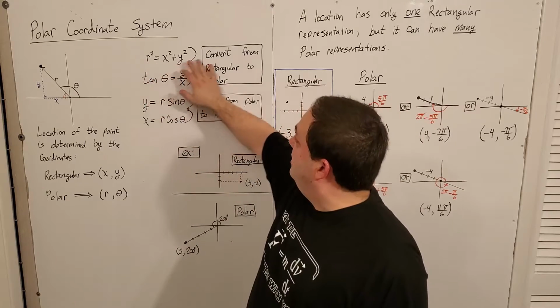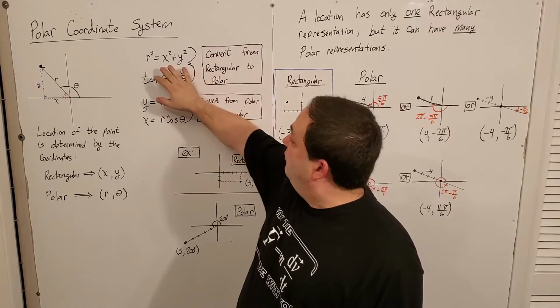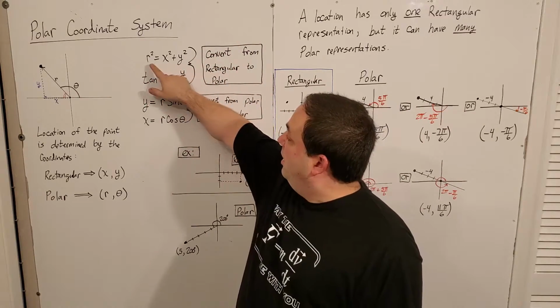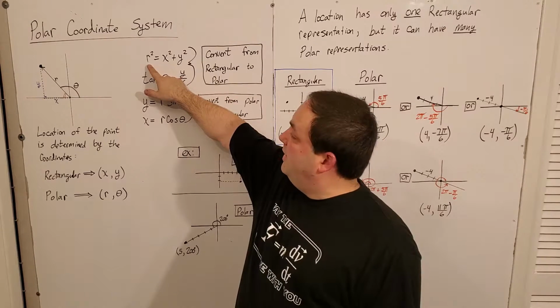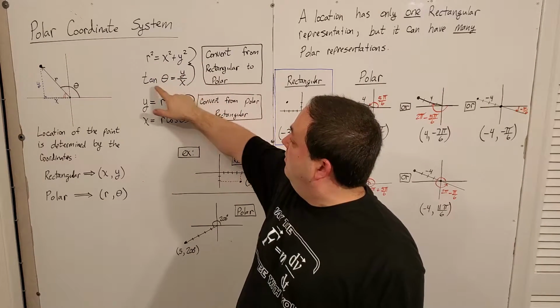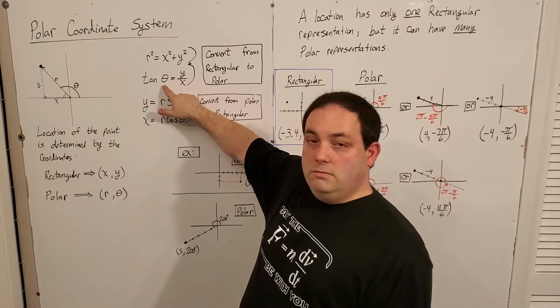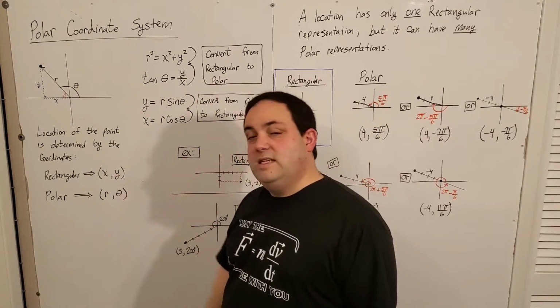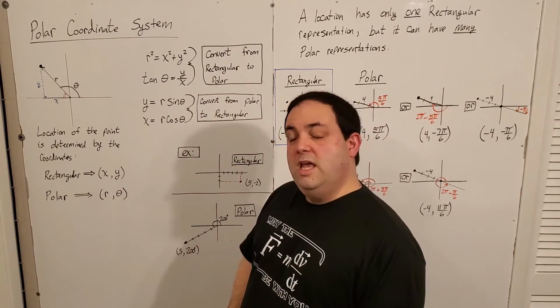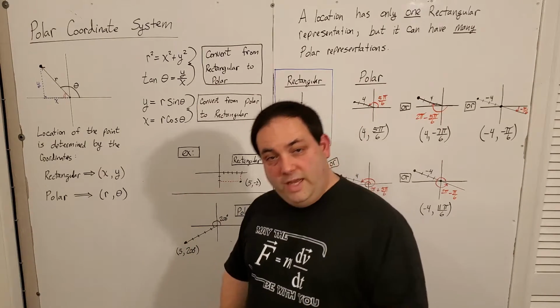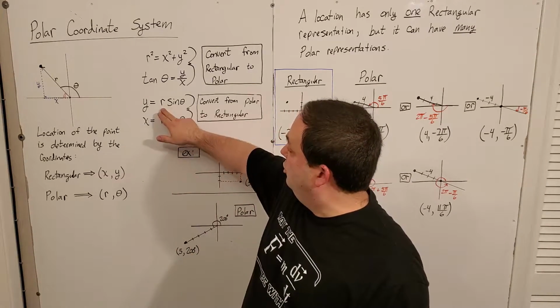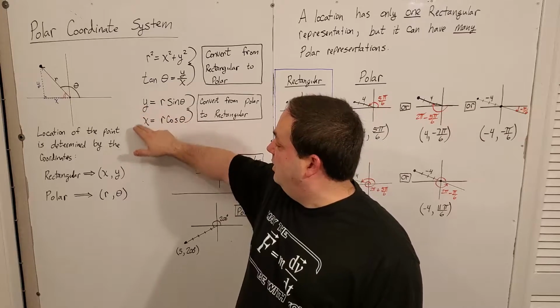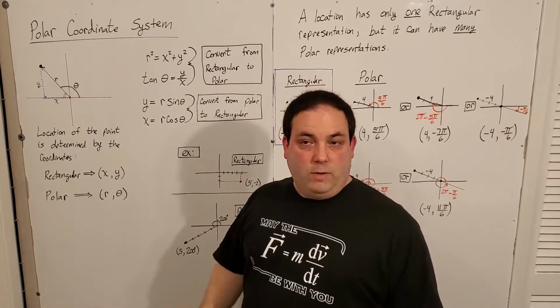So we still have the way of converting from rectangular into polar by calculating r and calculating theta, and then you'd have that system. Or vice versa. If you have an r and a theta because you're in polar coordinates, then you can use r and theta to calculate y and x if you're in rectangular.